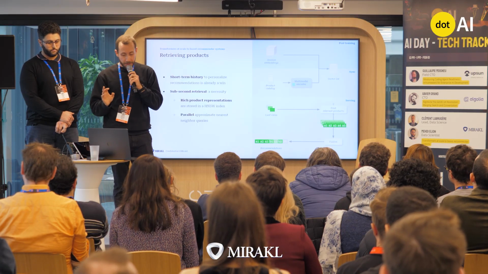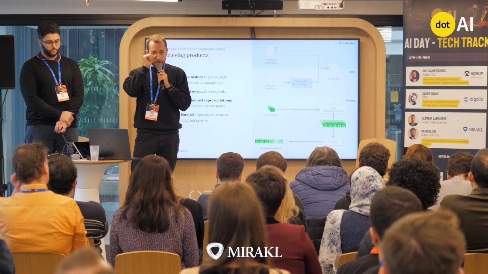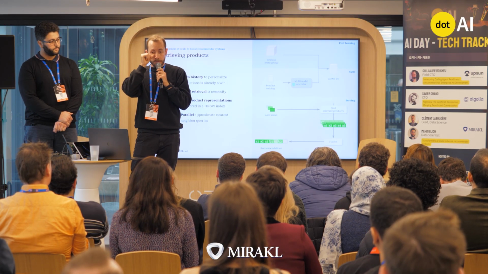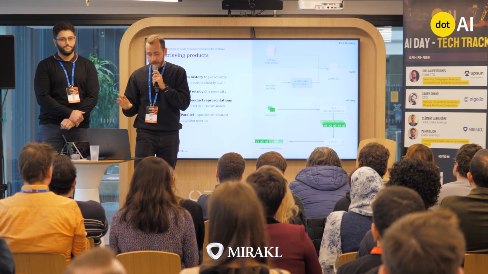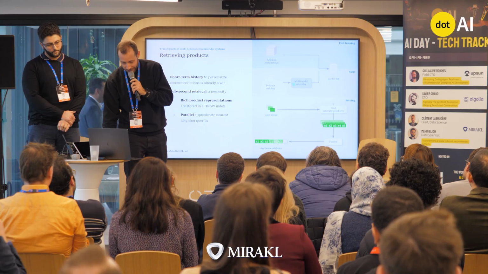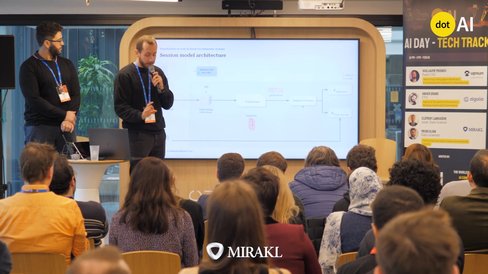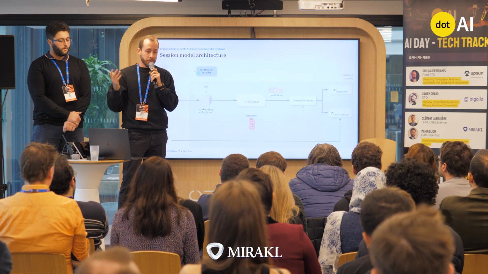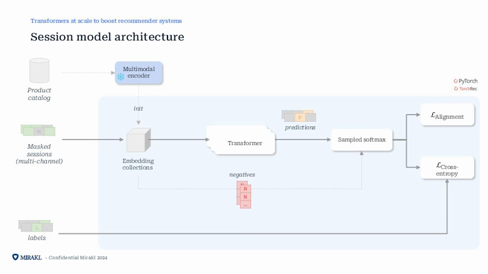Now I want to share some of the sauce that we use for the user model in particular. I'll try to keep it digestible. I hope some of you are technical, because otherwise it will be a bit rough. But in a nutshell, it's a transformer-based model that is learning sequences to learn product representations based on user sessions.